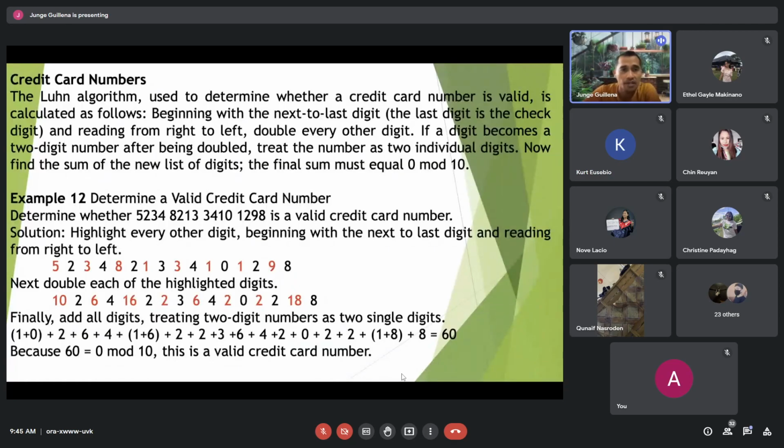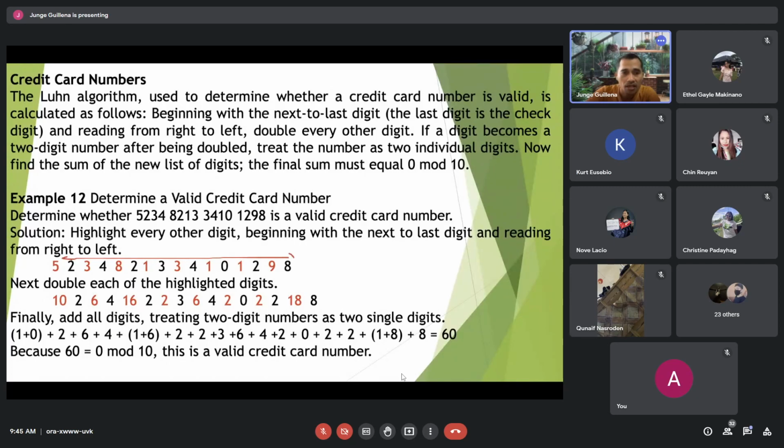So how does the Luhn algorithm work in identifying whether the given credit card number is valid or not? It is calculated as follows. First, beginning with the next to last digit, since the last digit is the check digit, and reading from right to left, double every other digit.